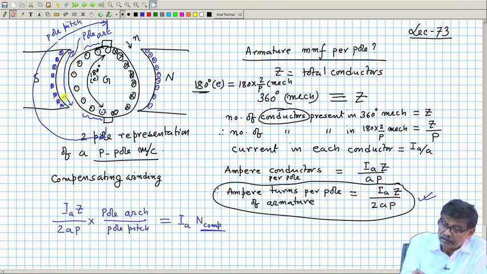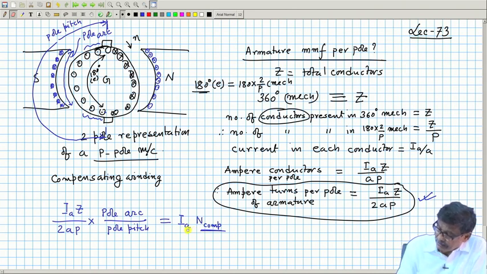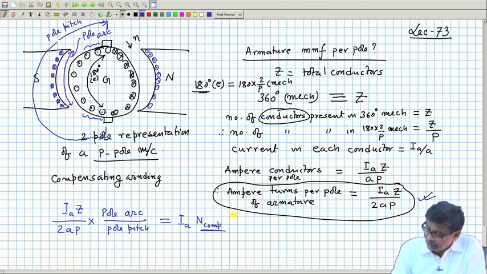This into pole arc by pole pitch, this ratio, and then per pole you have to put I_A N compensating, where N compensating is the number of turns of this compensating coil. Hence, N compensating turns can be calculated. It will help me to calculate that.